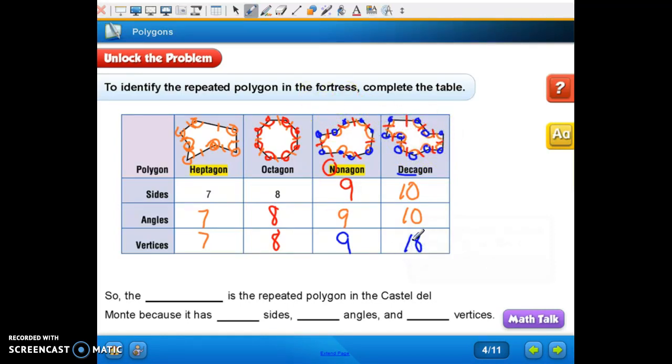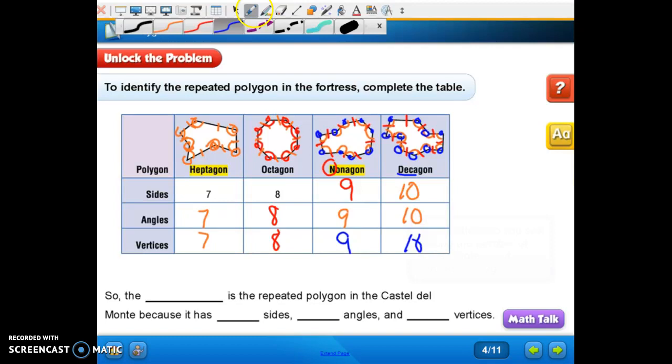What is a vertex? It's where two line segments intersect. Okay, so the blank is the repeated polygon in the Castle del Monte because it has blank sides, blank angles, and blank vertices.